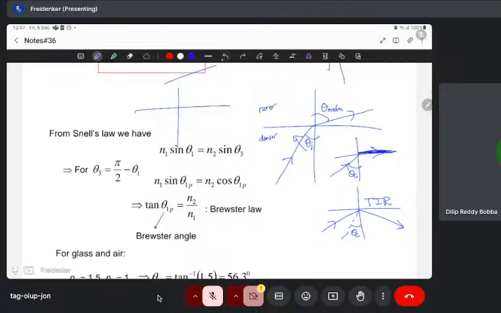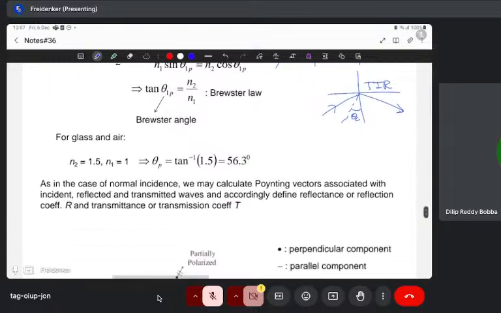Let's say incident ray is theta 1, refracted ray is theta 3, and they're saying this is equal to pi by 2 minus theta 1. Is there a better picture?